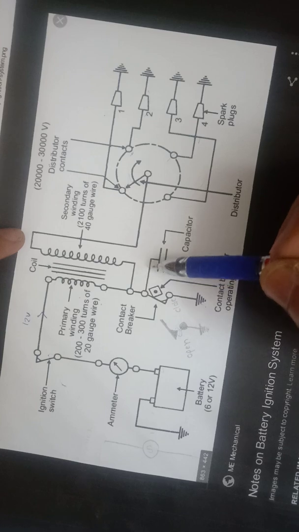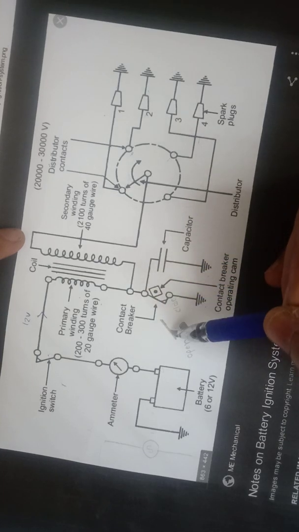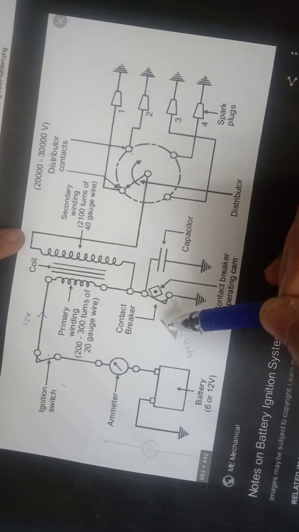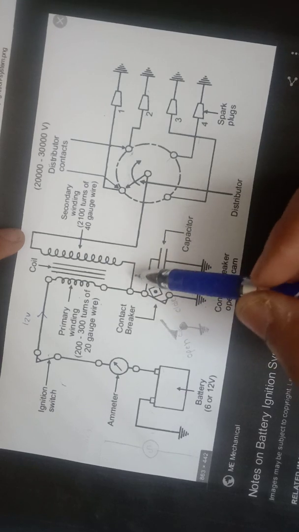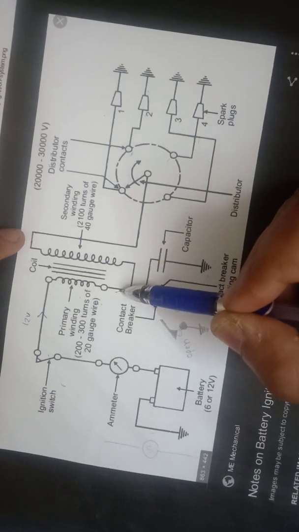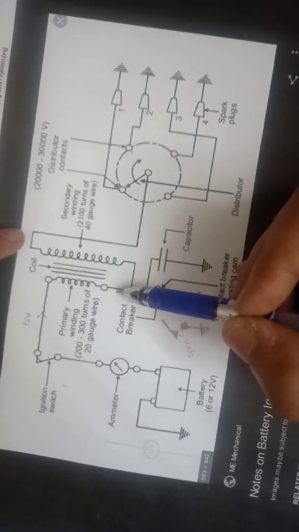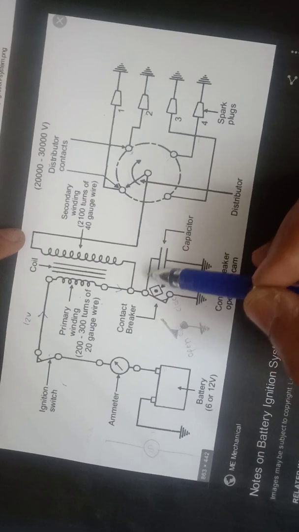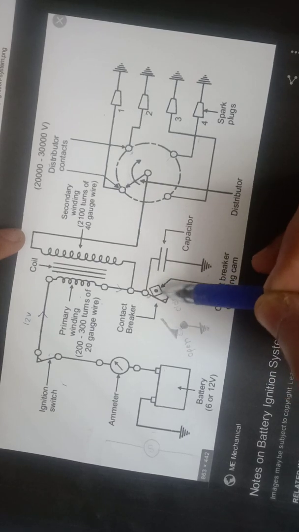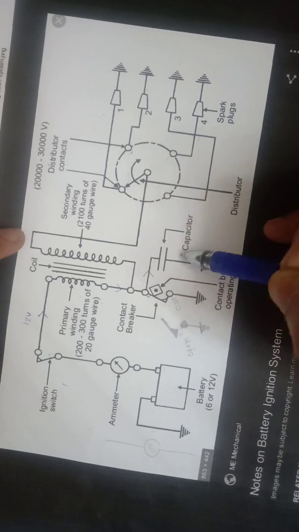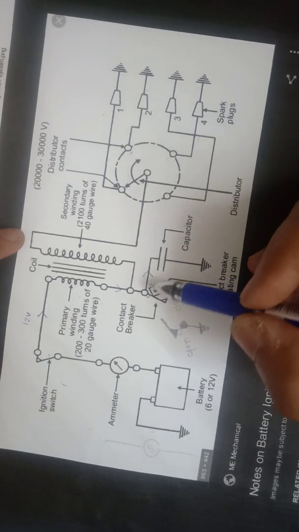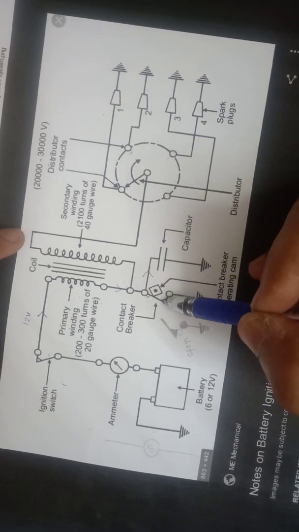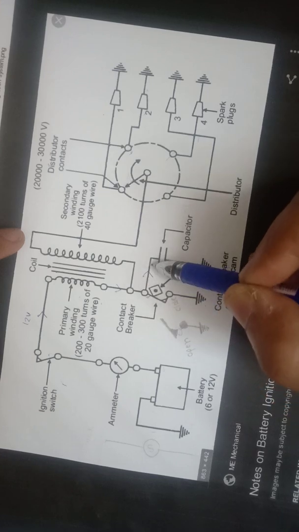Now, after the installation of the capacitor, once this contact breaker point is open, the heavy current from the primary now has two paths. One is through this contact breaker point and another is through this capacitor. Current has two paths to move, either through this or this.